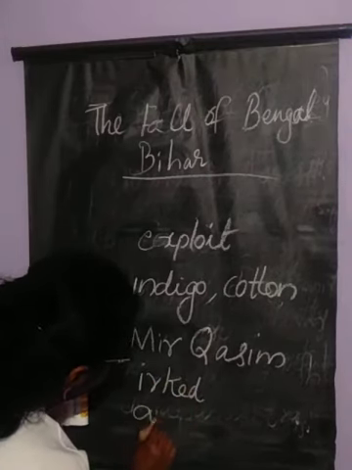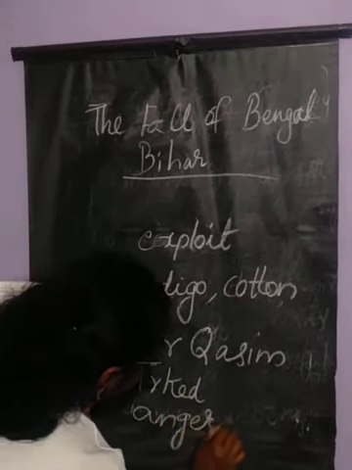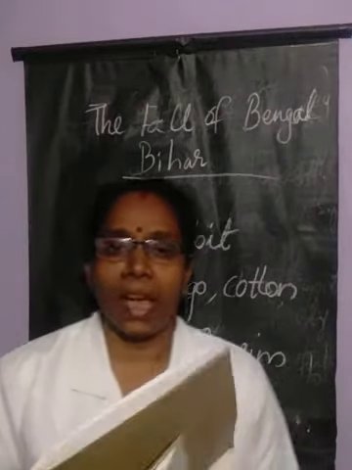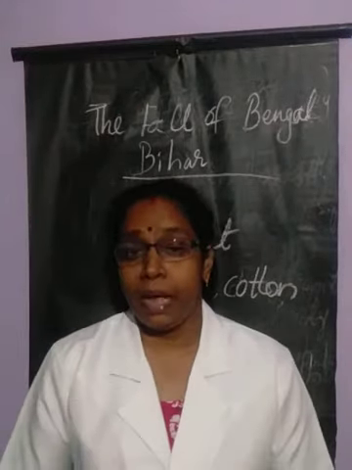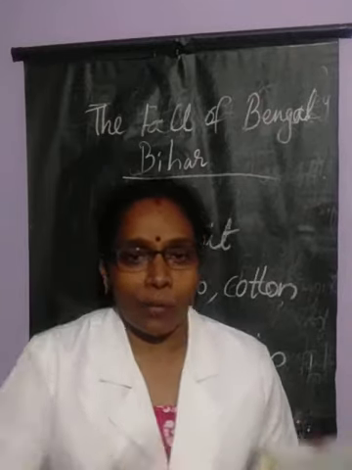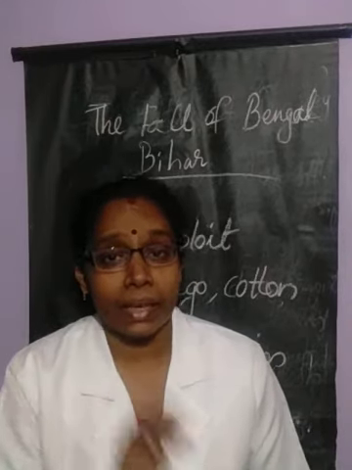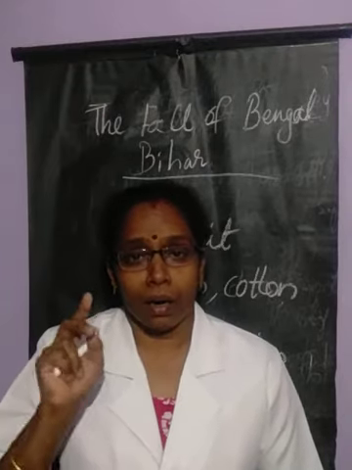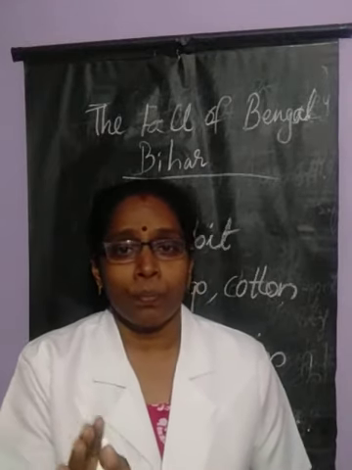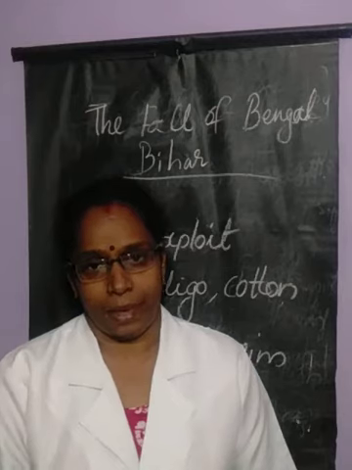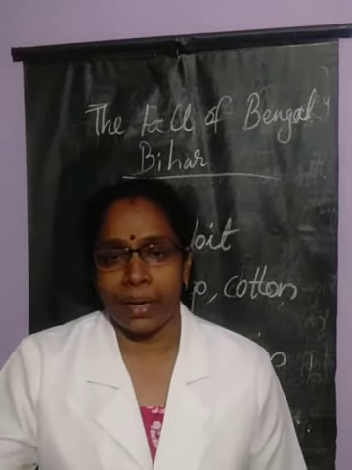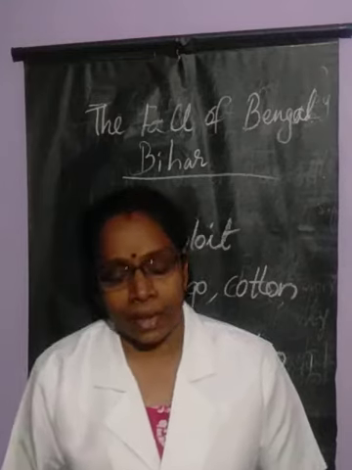Irked means angered. ദേഷ്യം പിടിപ്പിച്ചു. British people became very much angry towards Mir Qasim, and they decided to remove him with the military force because Mir Qasim was not ready to obey the British people. Okay, so they decided to remove him by using the military force.